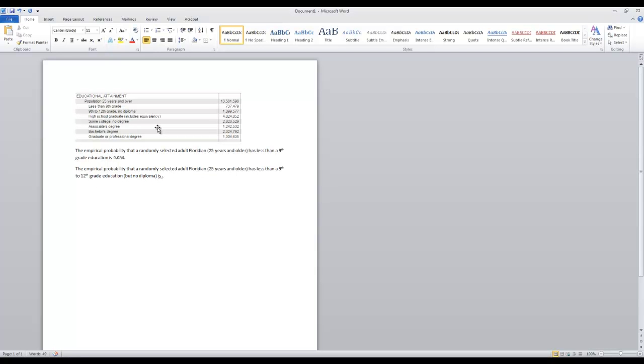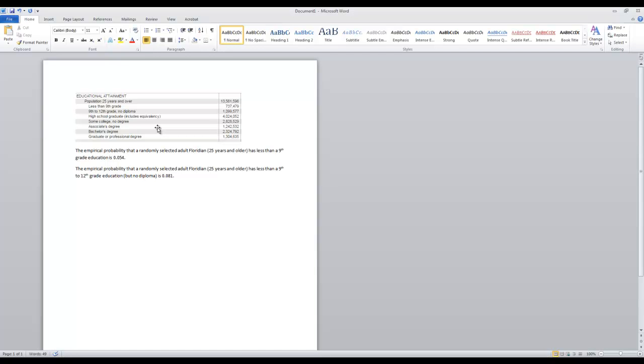The number of people in that category is 1,099,577 divided by the whole, which is that 13 million figure, 13,561,596. I'm just reading on my calculator here. It's 0.081 if I round to 3 decimal places.